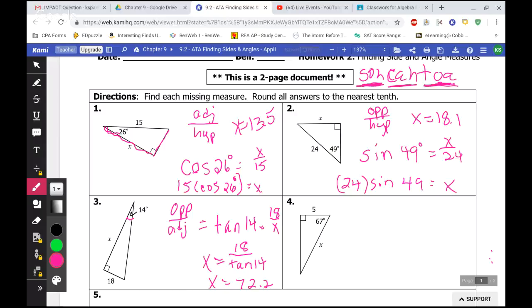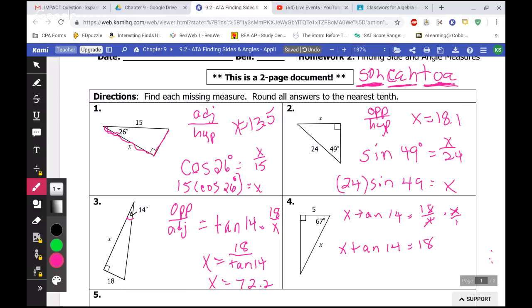And here's the proof of it, really. Here's the long way of doing it. If I have tan 14 equals 18 over x, whenever you have a fraction in algebra, in order to get rid of the fraction, you multiply both sides by the denominator. So if I multiply x over here and x over here, then I get x tan 14 equals 18.